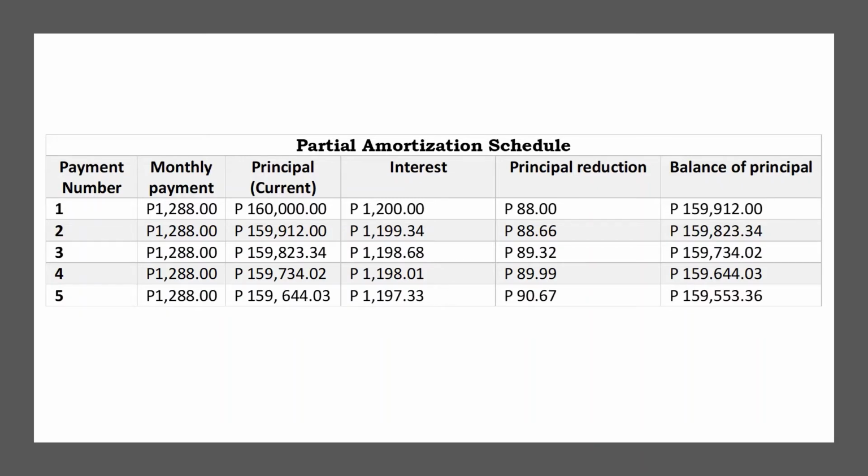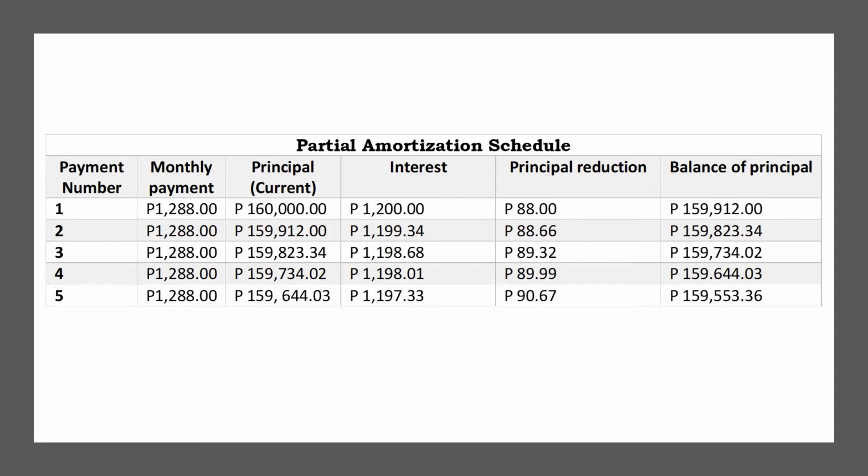For the previous sample, this is the partial amortization schedule of Sarah Wilson. This is just up to 5 months, since showing the whole schedule would be long, as it would be 360 months.